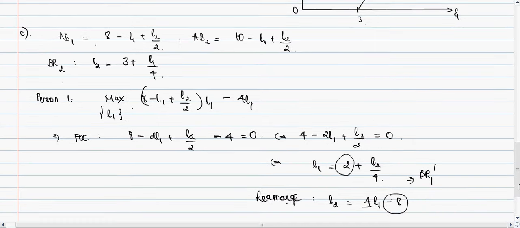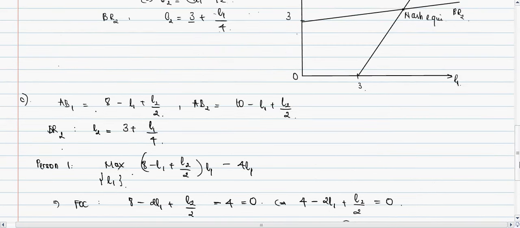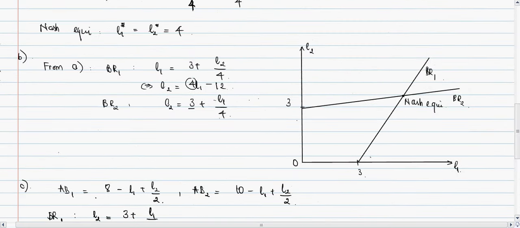So say if I pick L2 equal to 0, L1 will have to be equal to 2, and so say 2 is here. So I know that the new best response function will be going through this point, and it has to be parallel to the old best response function for person 1.